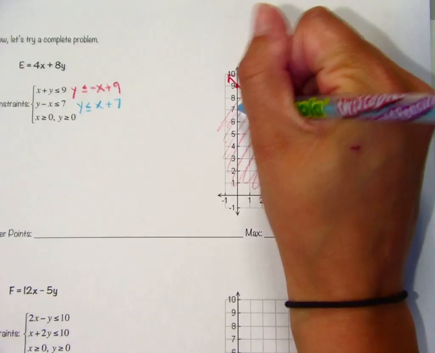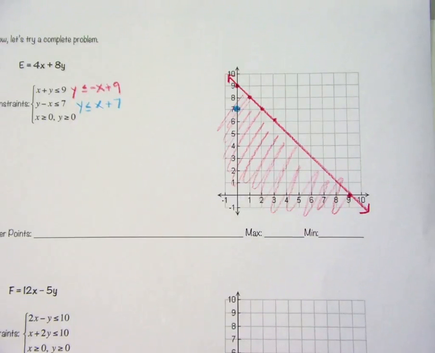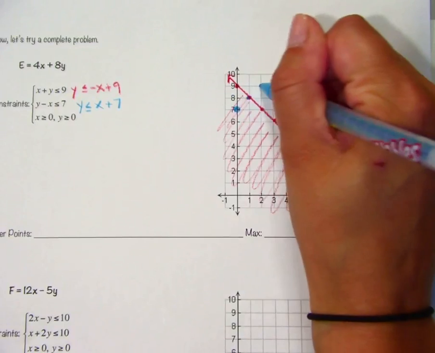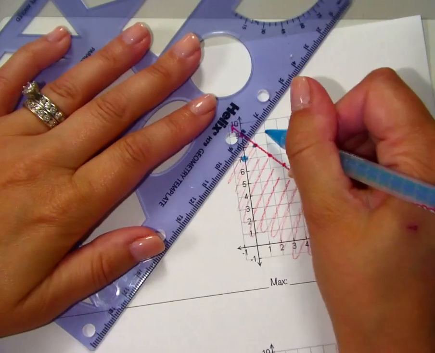So our y-intercept is 7. And our slope is 1, so up 1, over 1. And we can draw in that line.